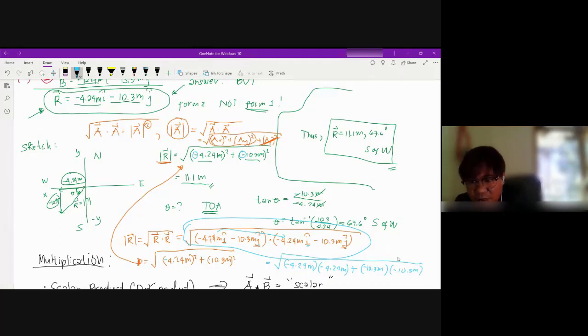Pwede na nako siya isulat as negative 4.24 meters squared plus negative 10.3 meters squared. Okay?